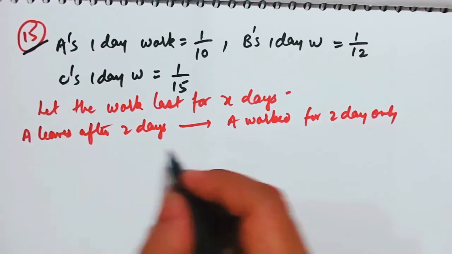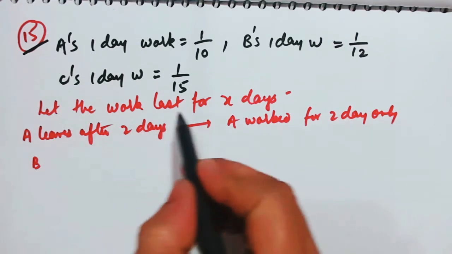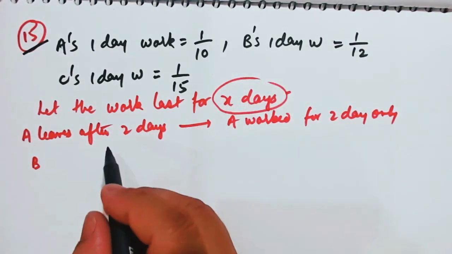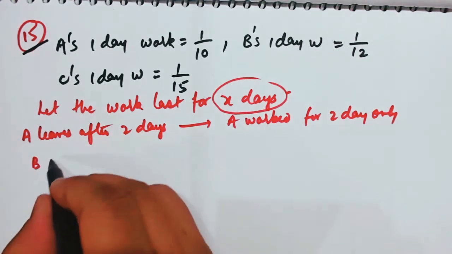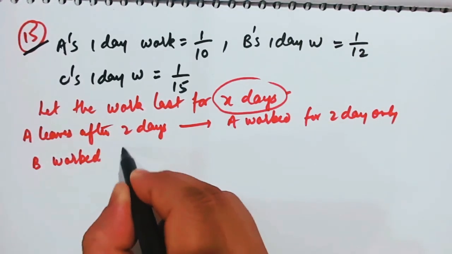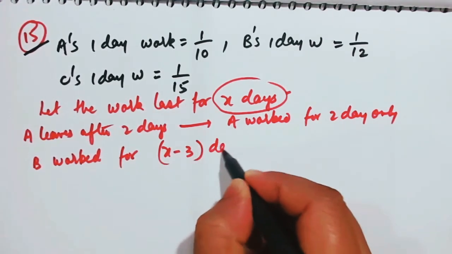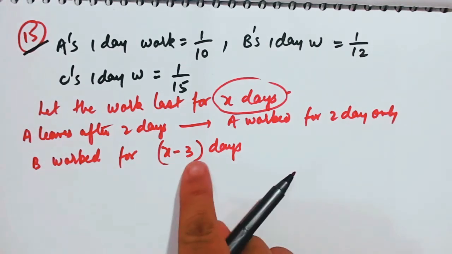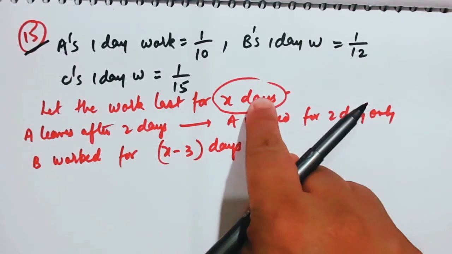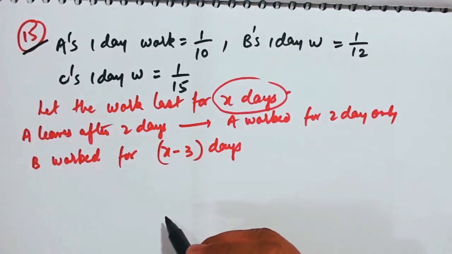This means if the work lasted for X days and B leaves 3 days before, B worked for how many days? So B worked for X minus 3 days, because B leaves the work 3 days before the work is completed and the work lasted for X days. So B worked for X minus 3 days, 3 days less.